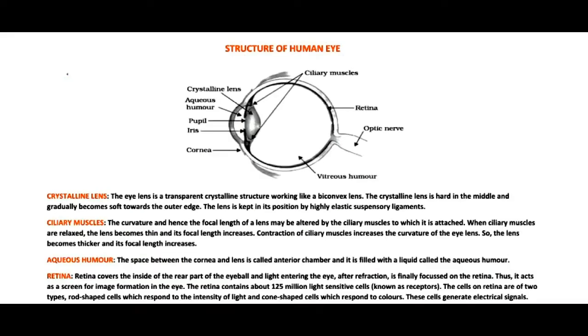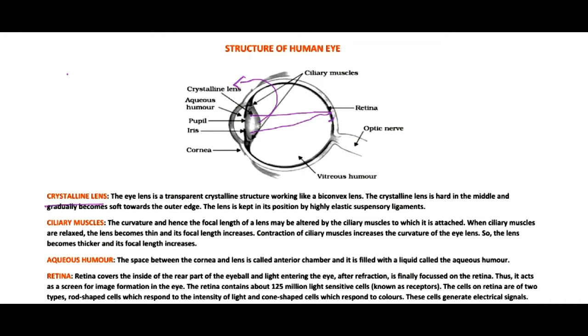The next part of human eye is crystalline lens. It is a biconvex lens which is responsible to converge the light rays onto the retina. It focuses the light rays on the retina.